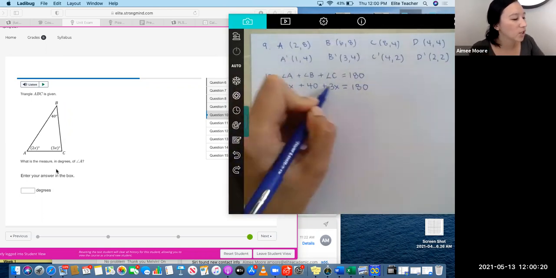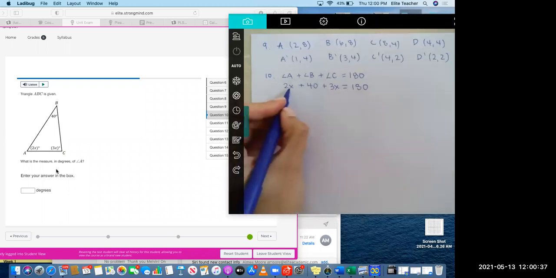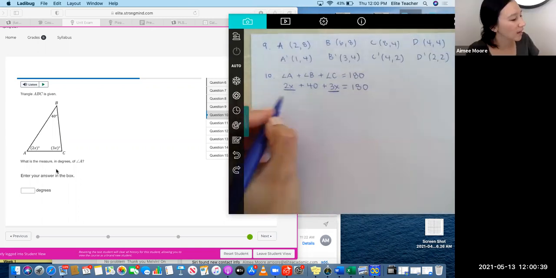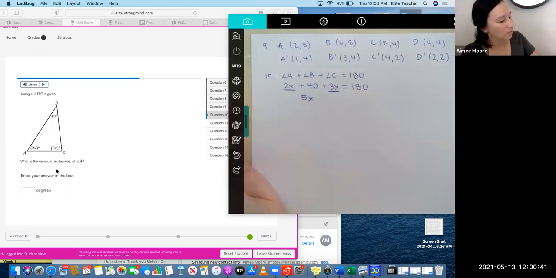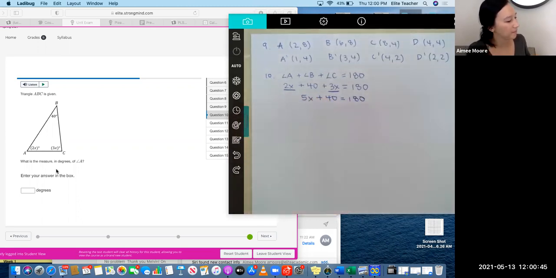So then how am I going to solve for x? What do I need to do? Anyone know how to solve? What do I need to do first? Combine like terms. Very good, Lily. So 3x and 2x is 5x plus 40 equals 180.